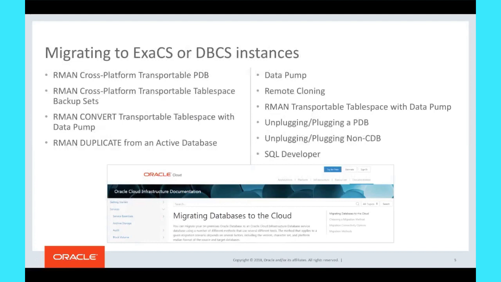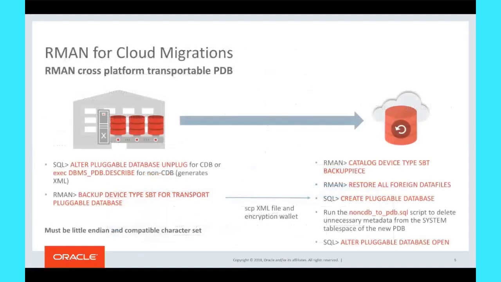So can we go to the next slide? So we'll look at, again, these are not exhaustive. These are not all the things you have to do, but these are the main steps that you have to take. For example, if you want to use an RMAN cross-platform transportable PDB approach, right? This assumes that your source database is either already a PDB or it's a non-CDB.